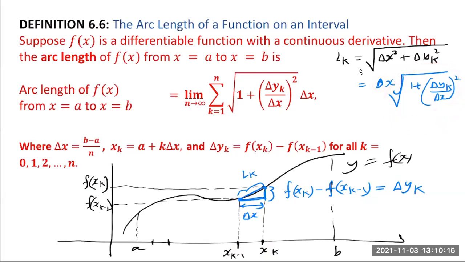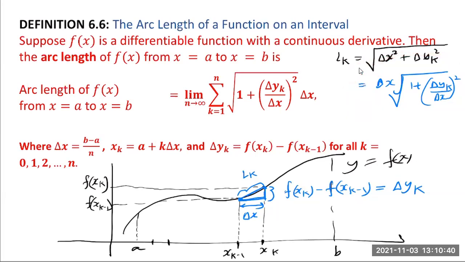Now, to approximate the arc length on this interval, you need to sum up the lengths of all these line segments, the length of the line segment in each interval. So you take the summation of this one, k goes from 1 to n.